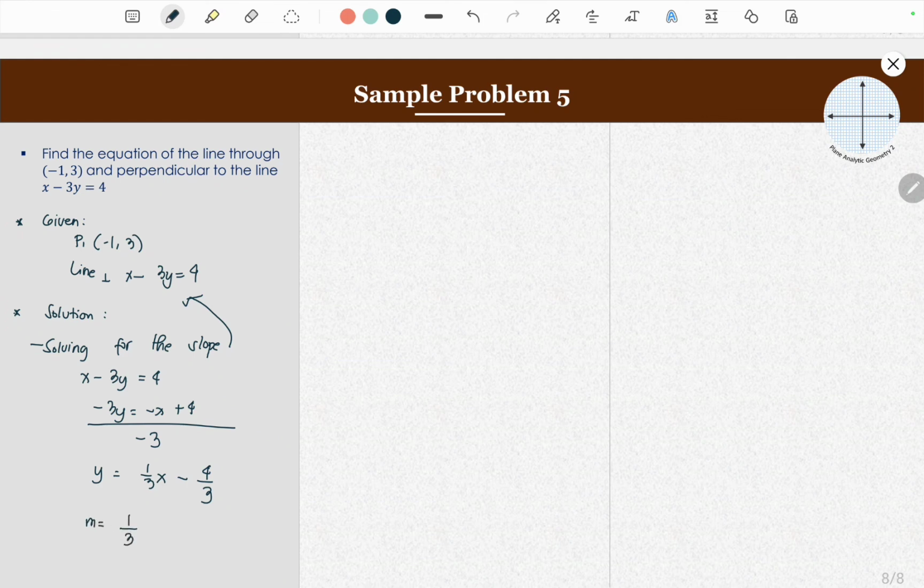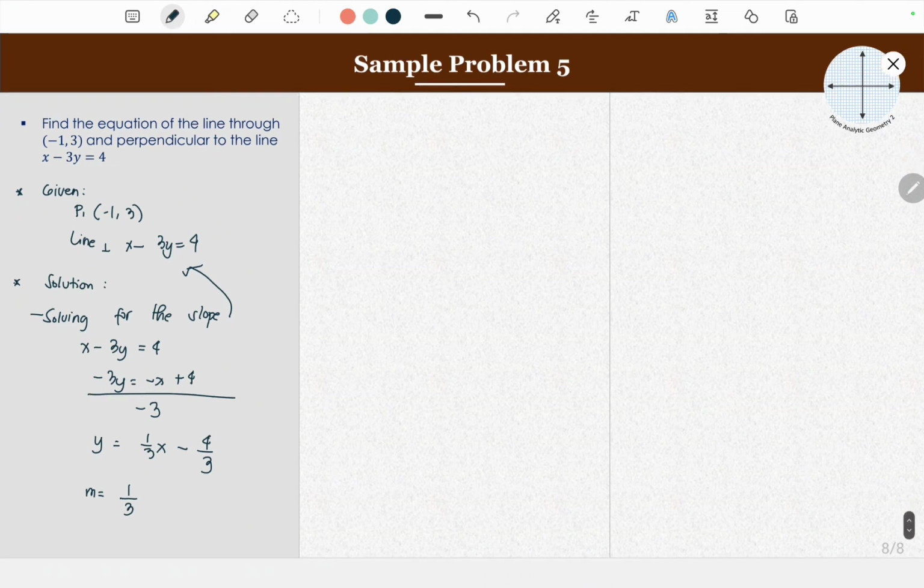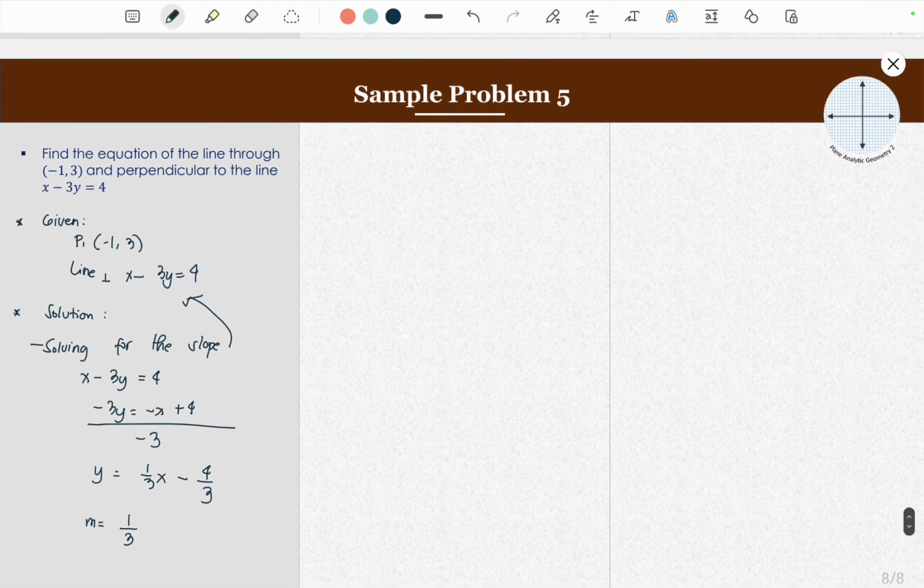Okay? Therefore, the slope of our line, the line in which we are finding the equation, is just the negative inverse of this slope. So our m is -3/1, or -3. Okay? Now we can determine the equation of the line because we already know the slope and a point in the line.